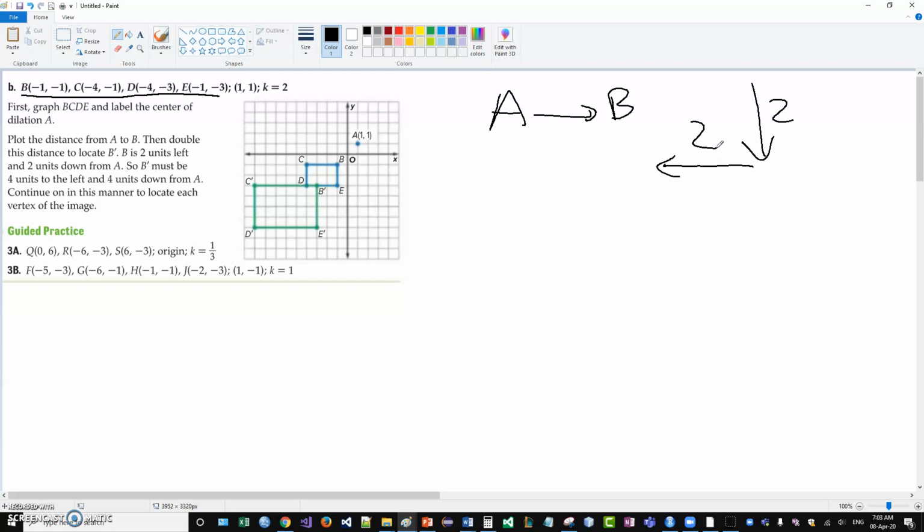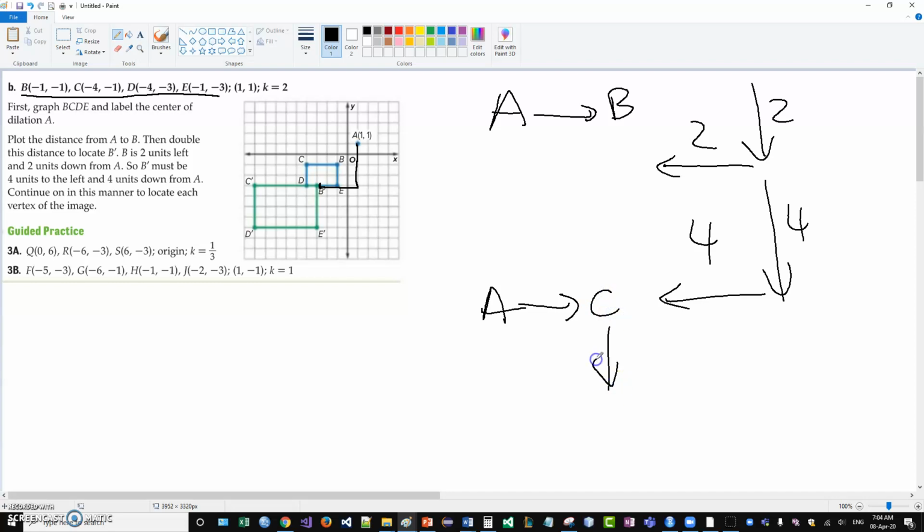Now, multiply that by the scale factor of 2, so you should get down 4 units and left 4 units, and that's, if you go down 1, 2, 3, 4, left 1, 2, 3, 4, you get to B prime. Okay? Now, how do you go from A to C?